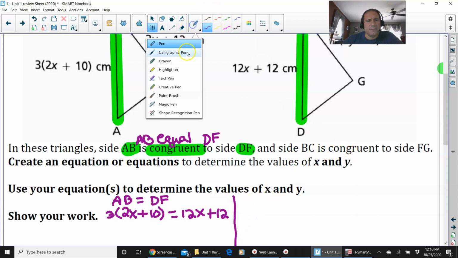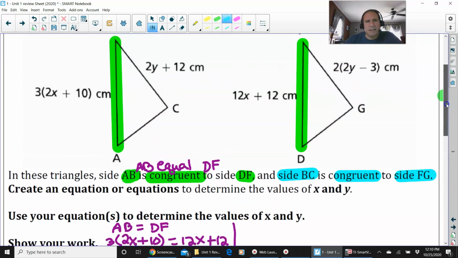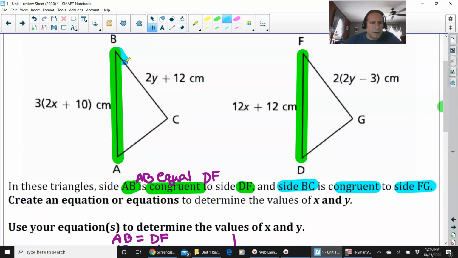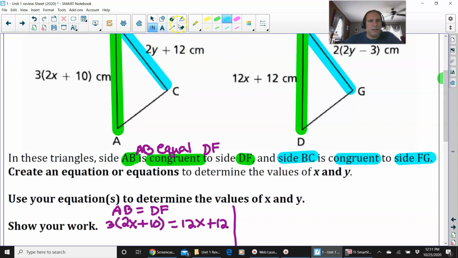Then I'm going to have the other part of this, that side BC is congruent to side FG. All right, so let me go BC. This side is congruent to FG. Okay, they're equal to each other. So I'm going to put that down over here. So BC is equal to FG.